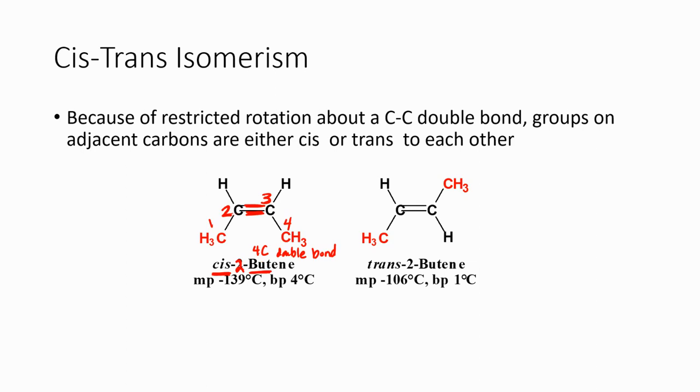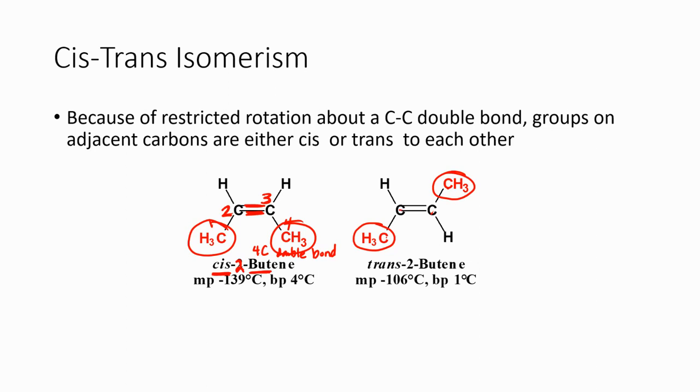So the double bond starts on carbon 2, goes to carbon 3. And cis means that these 2 methyl groups are on the same side. In the trans 2-butene, the 2 methyl groups end up on opposite sides of the 4 carbon chain.